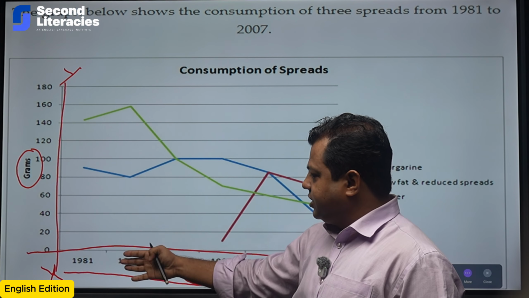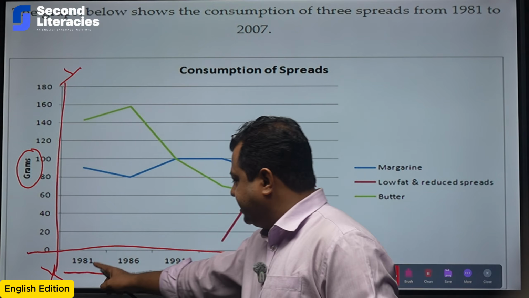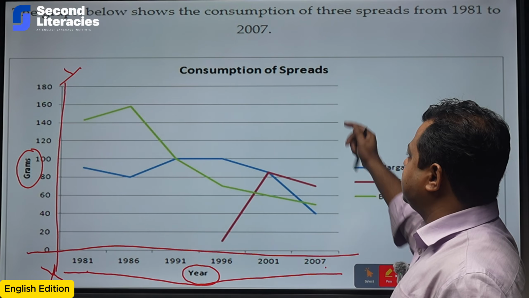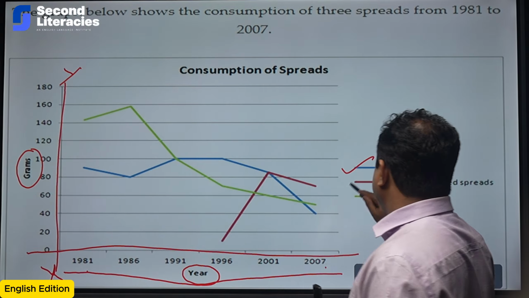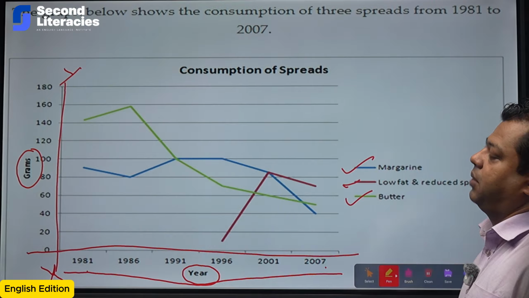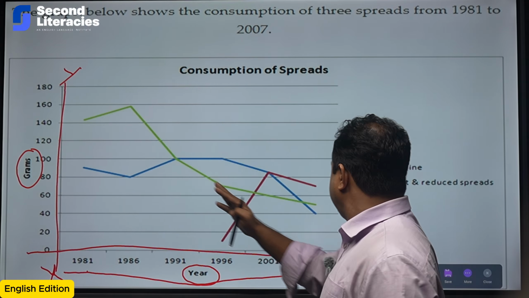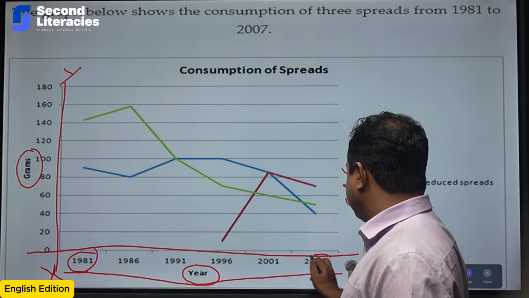So this line graph tells us, from 1981 to 2007, what the consumption or the selling of spreads of margarine, low fat and butter was. What was the condition of the butter when it started in 1981 and in 2007?